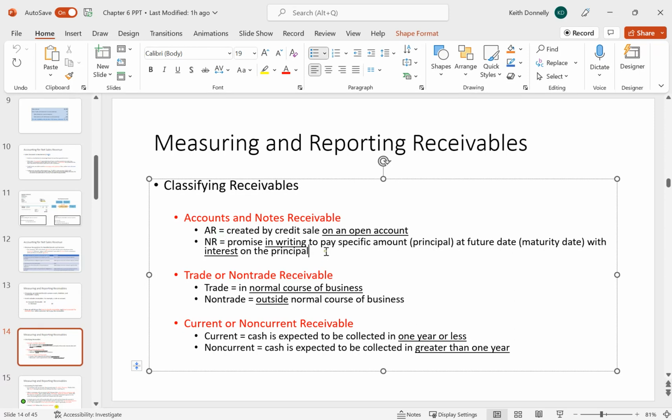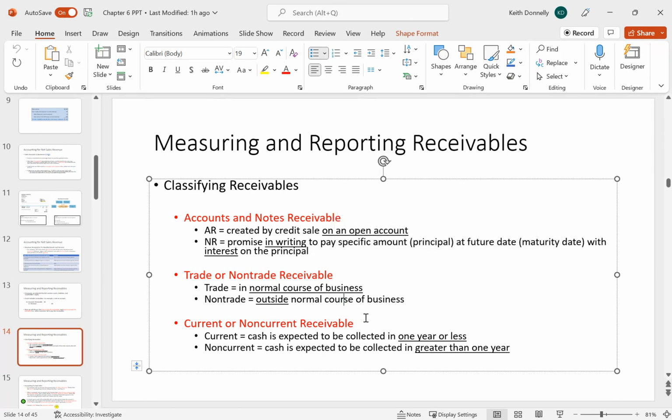If there was a $1,000 note receivable, you would pay back the person $1,000 plus maybe $100 of interest. So similar in theory, they're assets. This one's a little less formal and there's no interest. This one's more formal, it's in formal writing, and there is interest.